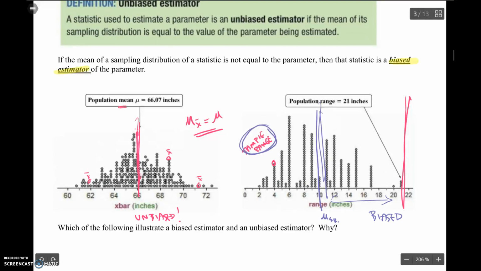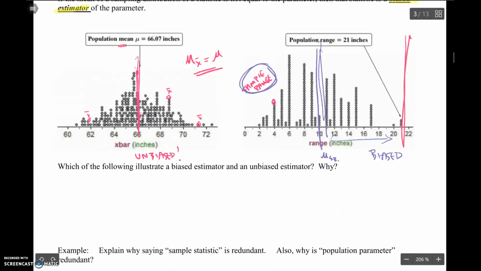We actually looked at these graphs in class, if you remember that activity. Which of the following illustrate a biased estimator? I think I explained that. Why?